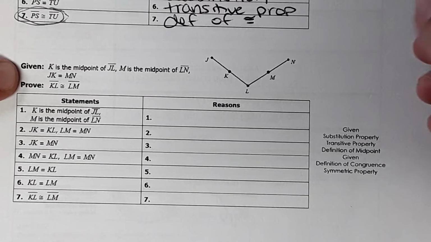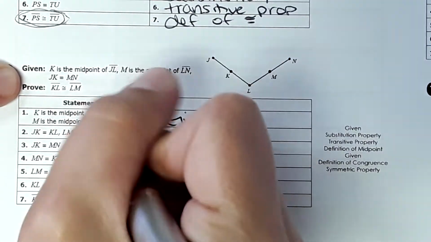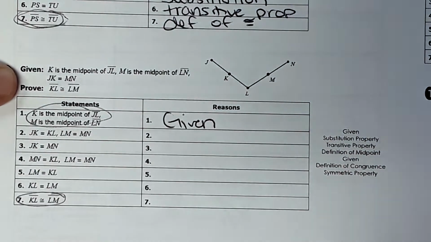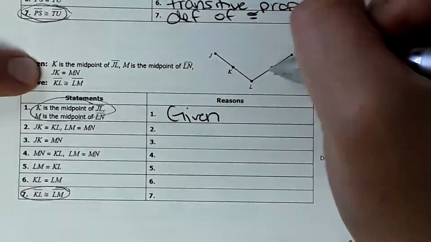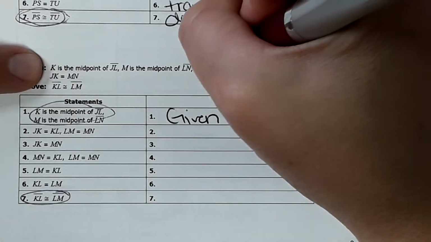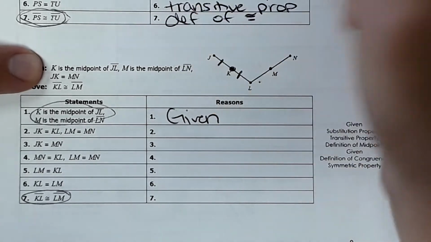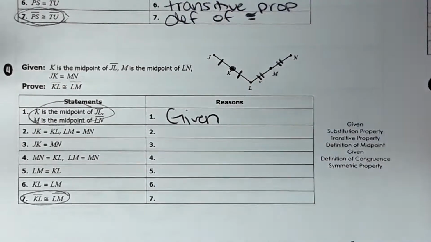Okay, next. Before I even look at it, given, if I needed to drag and drop these in, I'd just plug those in. And then I would look at this statement in regards to this here. K is the midpoint of JL, so that means this is equal to this. M is the midpoint of LN, so this is equal to this.